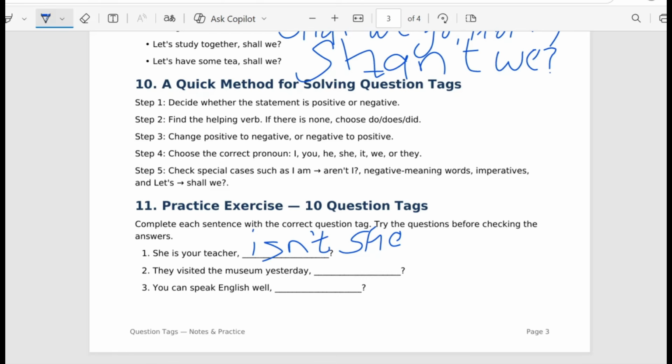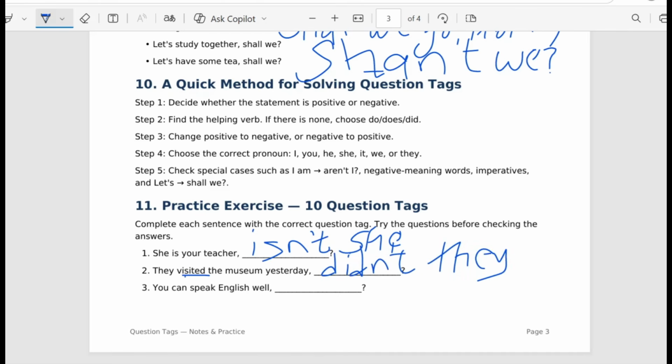But the word visited makes it past tense, so we are supposed to use did. And remember the statement is positive, so the tag has to be negative. The correct answer is didn't they?